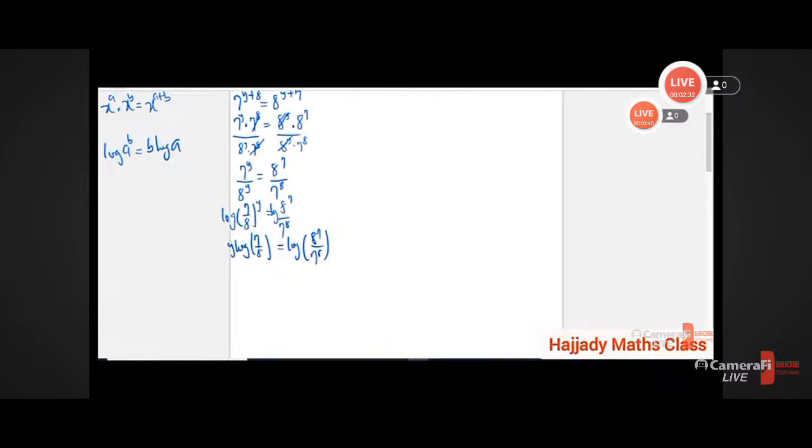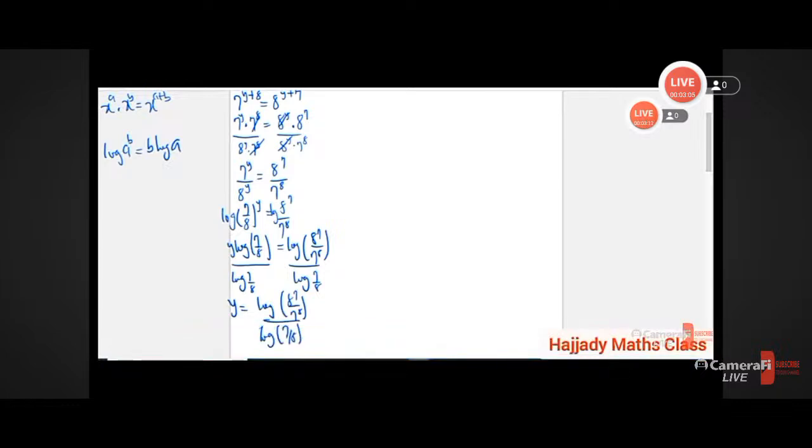Now, I can make y the subject of the formula from this. Dividing both sides by log 7 over 8, on the left hand side I'm going to have y equals log of 8 raised to power 7 over 7 raised to power 8, divided by log 7 over 8.